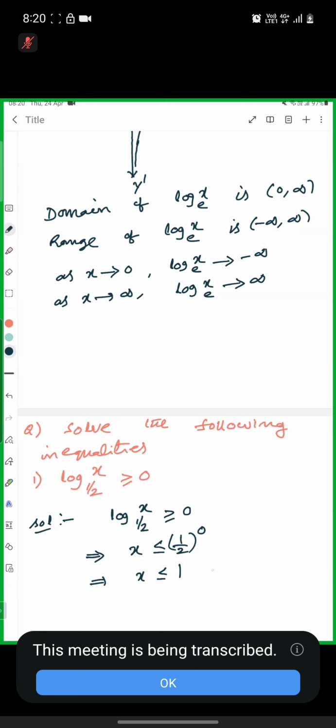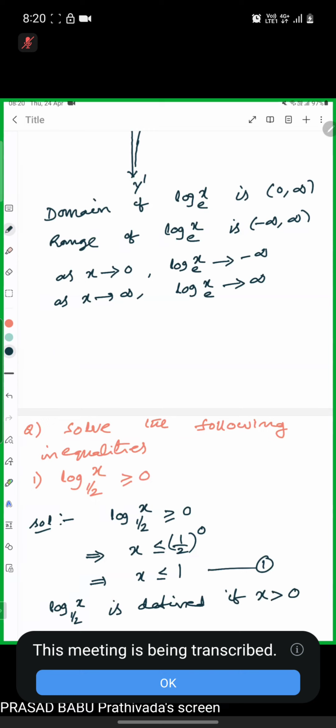You know, log x to base 1 by 2 is defined if x is greater than 0. Log x to base a is defined if x greater than 0, a greater than 0, a not equal to 1.